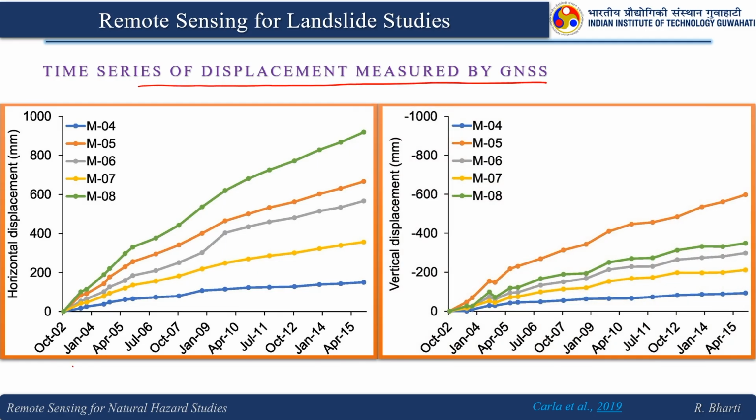Here you can see from October 2002 to April 2015, and this horizontal displacement is in millimeters. Here it is around 900 or 900 something. When we talk about the vertical displacement, again the same time frame, it is in the order of 500 millimeters approximately.